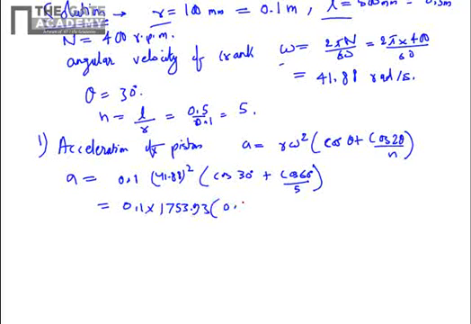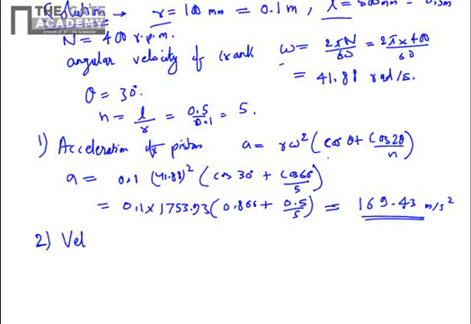You can use the calculator. 0.866 is cos 30 degree, cos 60 degree is half, that is 0.5 divided by 5. So if you do all the calculation, you get the value of 169.43 meter per second square. So you can get it done like this. That's why you have to remember the formulas, because you know the derivation, you know how it is solved, but for the examination purpose you need to remember the formula, then you can get the quick answer.